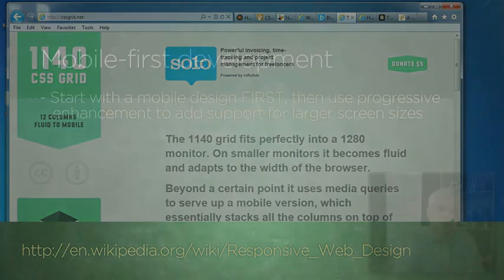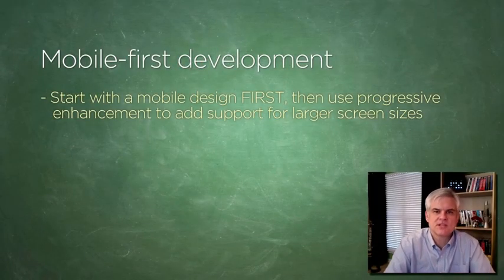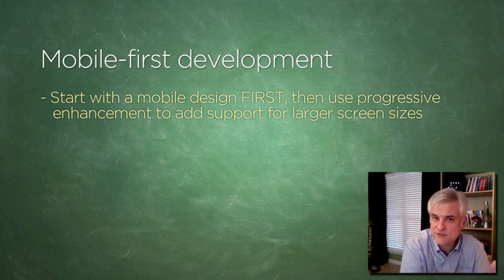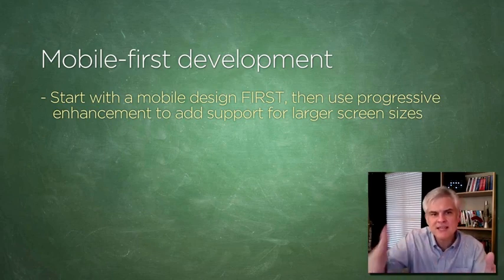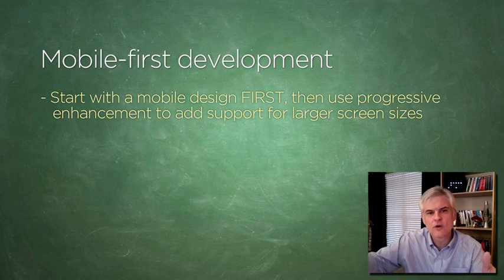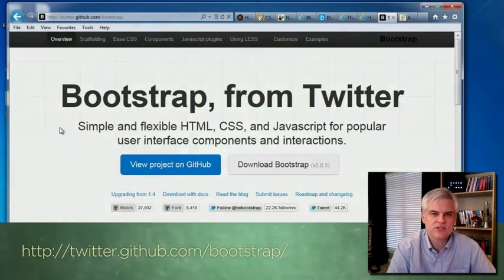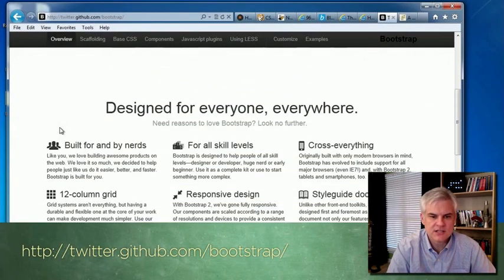But out of this thought process of fluid or responsive web design was born the notion that designers should be designing for the mobile experience first, then progressively enhancing the content and layout for larger and larger screen resolutions. And so to that end, there is this Bootstrap.css, which was originally created by Twitter and was made available for free by Twitter to the community.